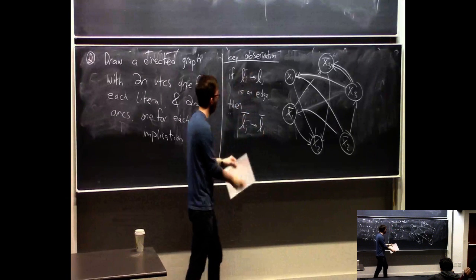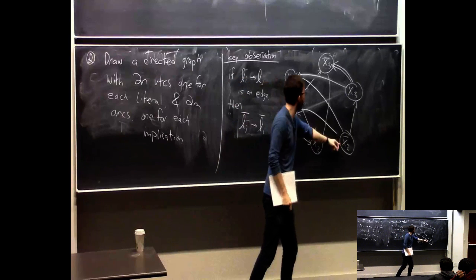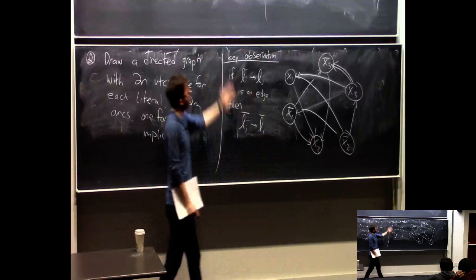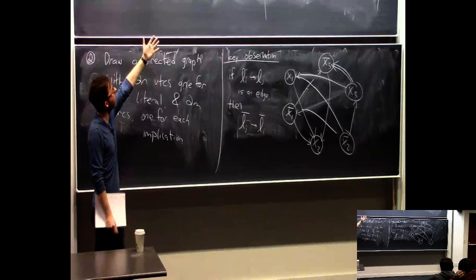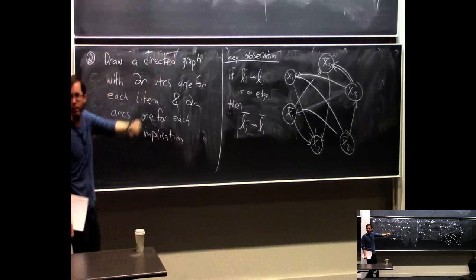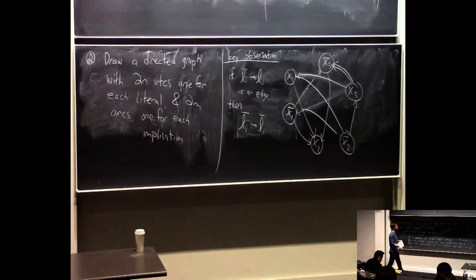OK, so for example, in this graph, there's an edge from x1 to x2. And there's also an edge from x2 bar to x1 bar. And that's basically by construction, right? Whenever you put in an implication, you're at the same time putting in the opposite one. OK? So this is a property of the graph that we're going to use in the algorithm.